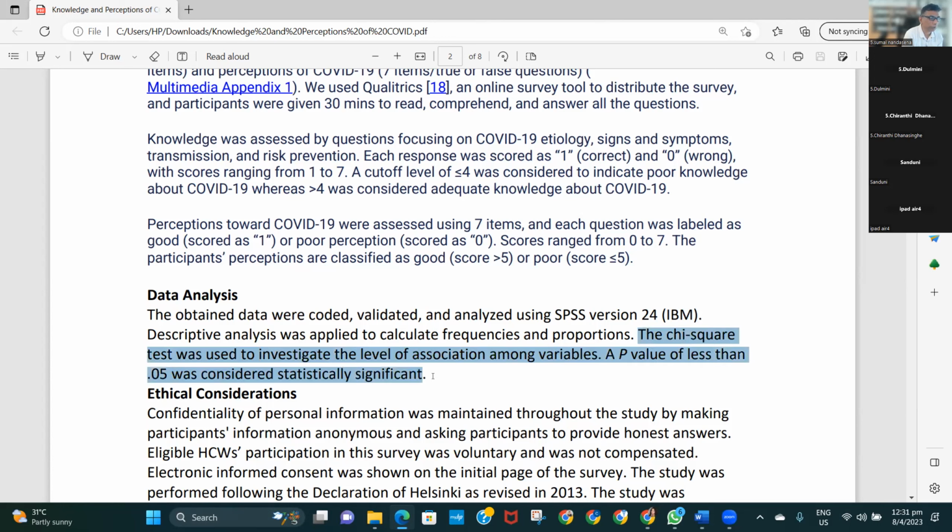You can even make it shorter. Chi-square test was used to assess the significance and considered p-value as less than 0.05, something like that.